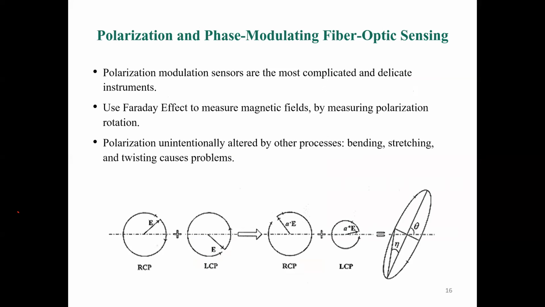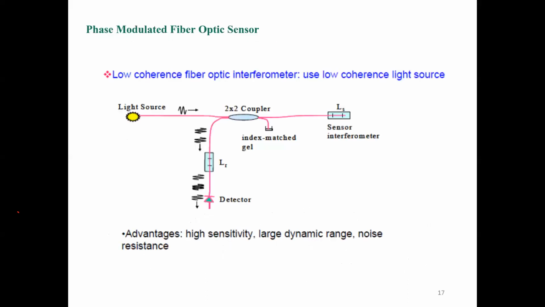In many sensors, we use the Faraday effect or some kind of polarization mechanism to check the change in polarization and then convert that into useful information in the form of sensing of one particular parameter. Then there are some phase modulated sensors where we change the phase of the light. I am just giving a very brief overview of what different kinds of sensors are available, and when we concentrate on the application, we can discuss more on how the sensing actually happens.